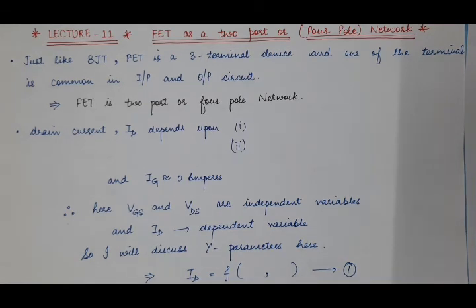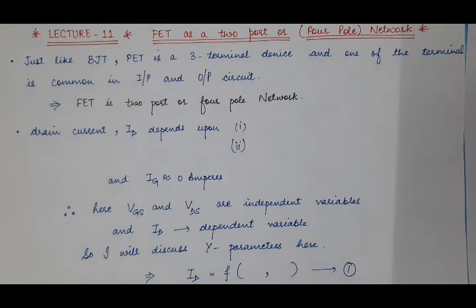In case of bipolar junction transistor, it has three configurations: common base amplifier, common emitter amplifier, common collector amplifier. So out of three terminals, one terminal will always be common in input and output circuit. Just as in the case of BJT, in FET one terminal will be common in input and output circuit. Either it will be gate, source or drain.